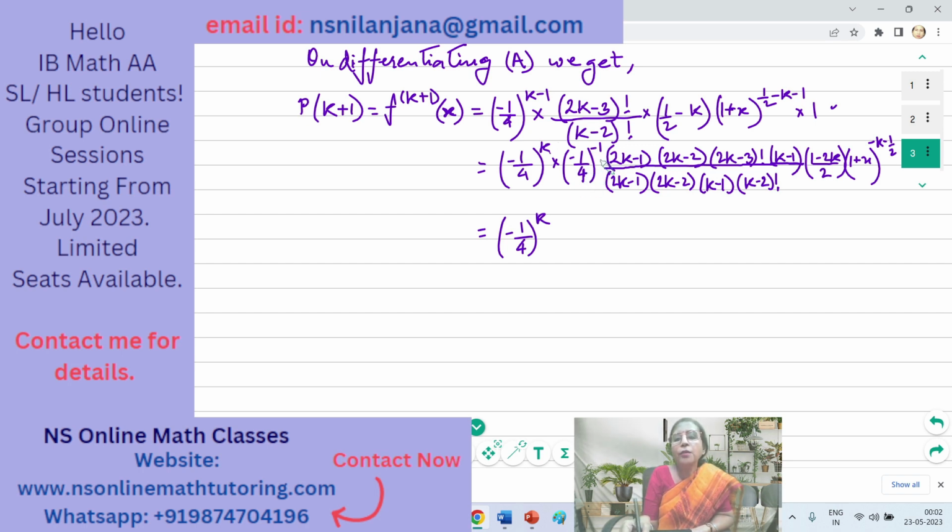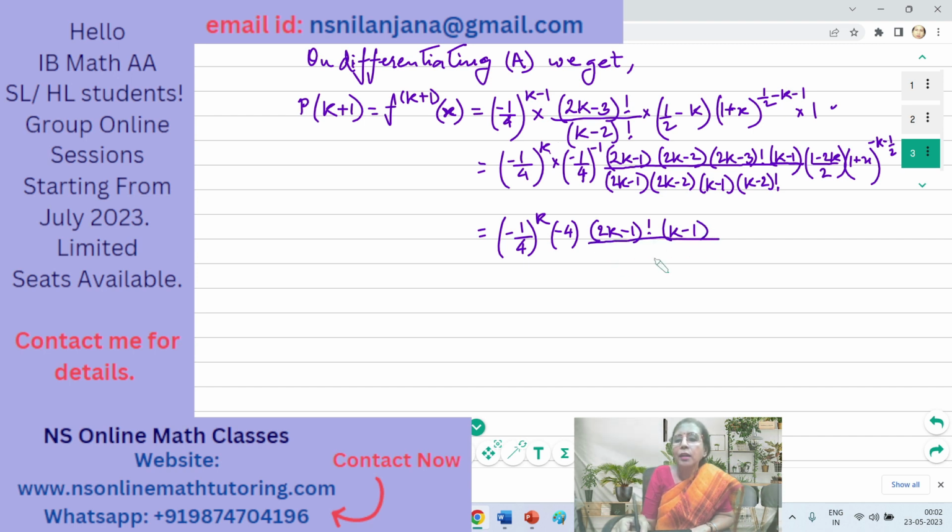Negative 1 over 4 raised to the power of negative 1 is negative 4. Okay. And this part will be 2k minus 1, which we needed. K minus 1 factorial. And this is this extra thing, k minus 1.